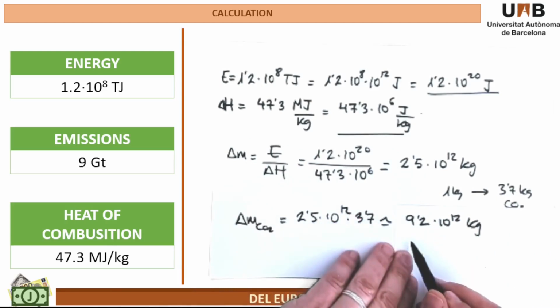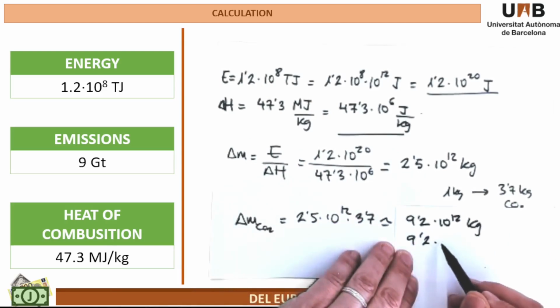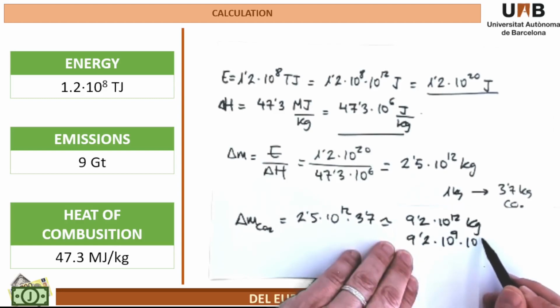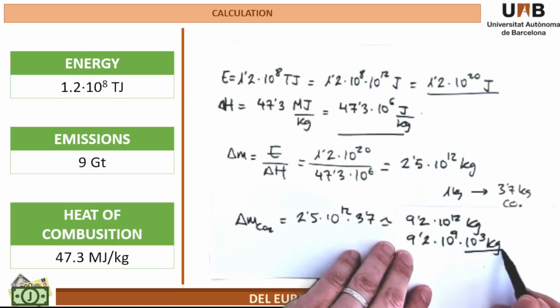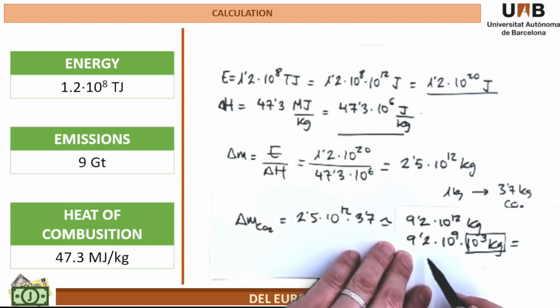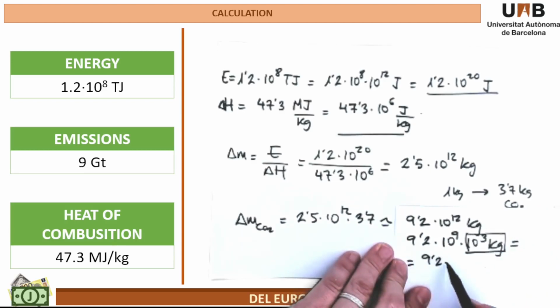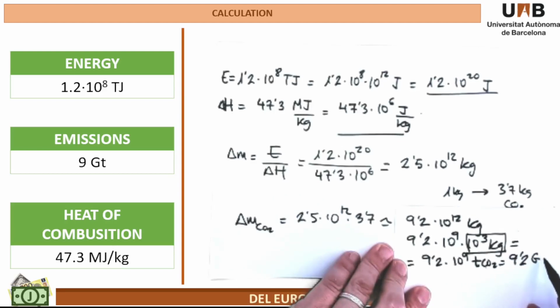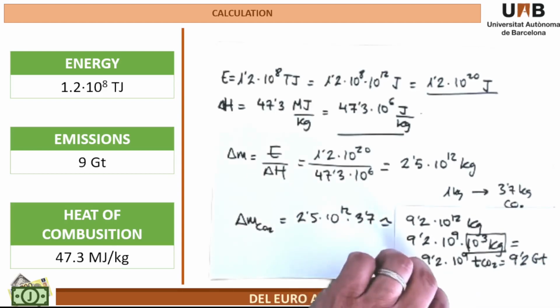That can be expressed as 10 to the 9 times 10 to the 3 kilograms, and I do this because 1000 kilograms is 1 ton. So this is 9.2 times 10 to the 9 tons of CO2, that is 9.2 gigatons of CO2.